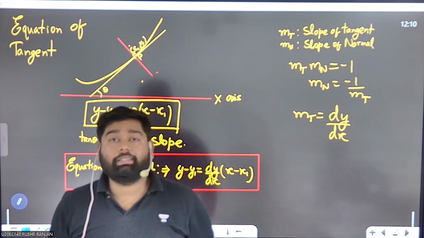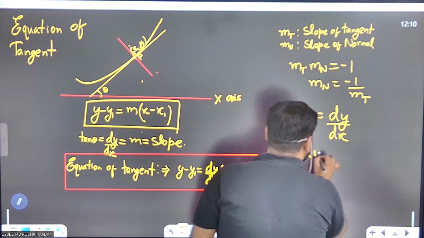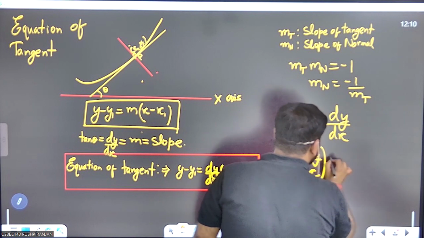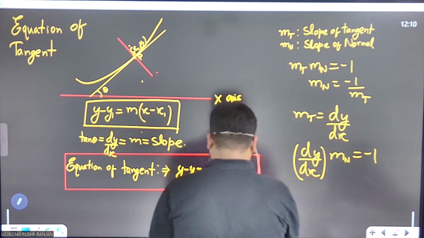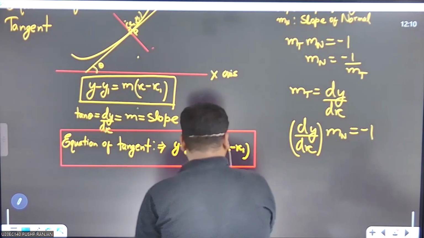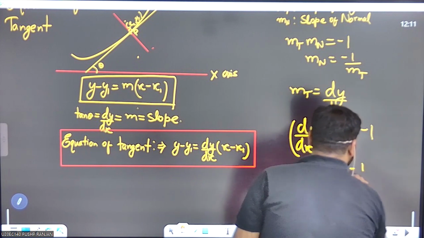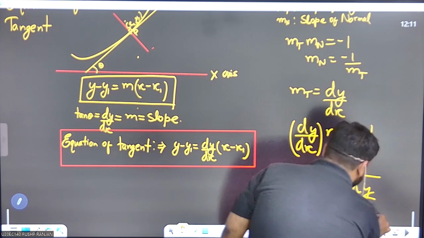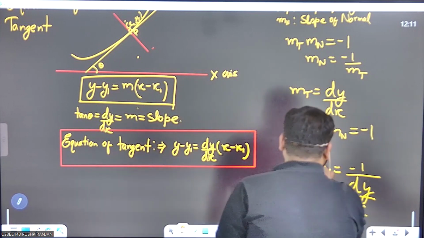Then what will be the slope Mn? We can write dy by dx into Mn equals -1. Then Mn will be -1 upon dy by dx, from the relation of perpendicular lines.